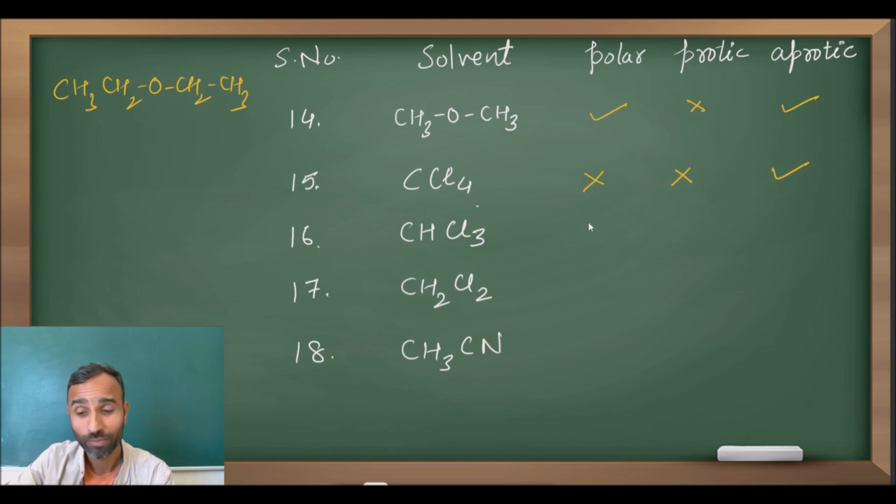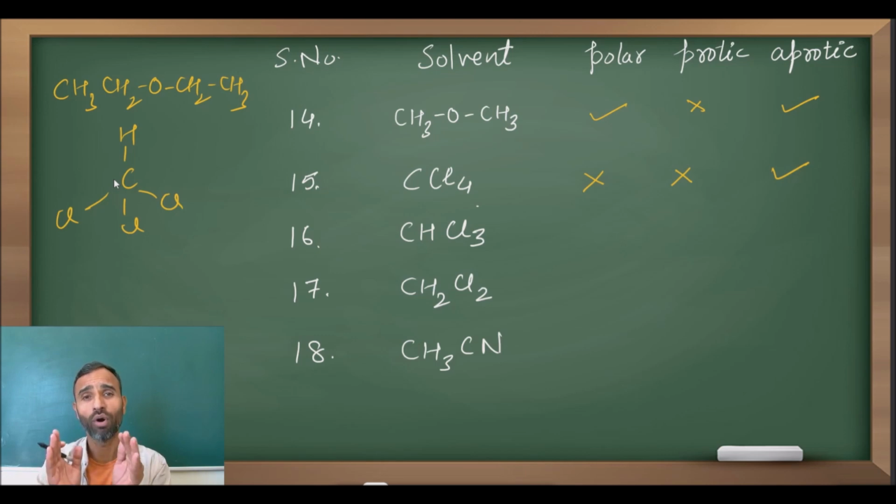Chloroform, is it polar or non-polar? Keep in mind, there is one CH bond. See, what is the trick? If all the bonds are of the same type, like in CCl4, no lone pair, and all bond pairs are of the same type, that is non-polar.